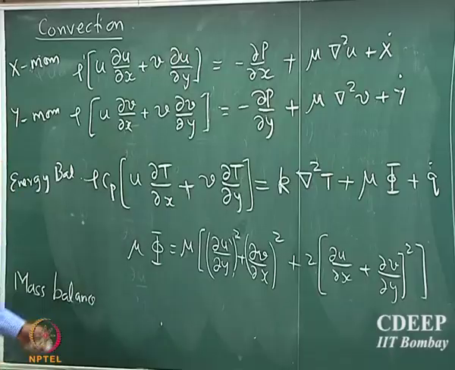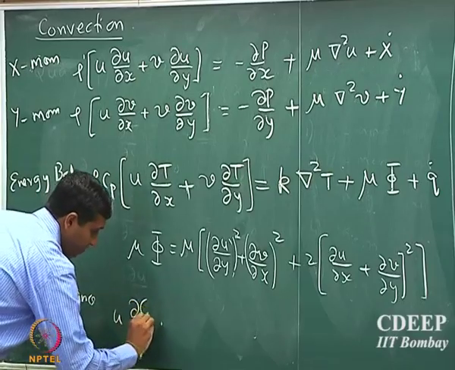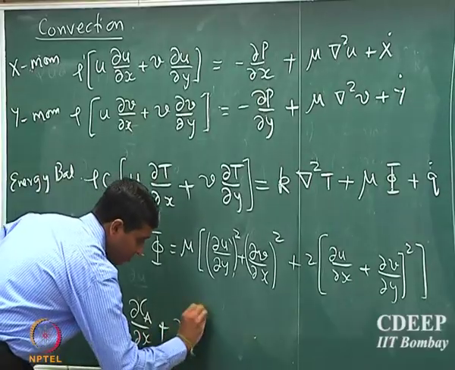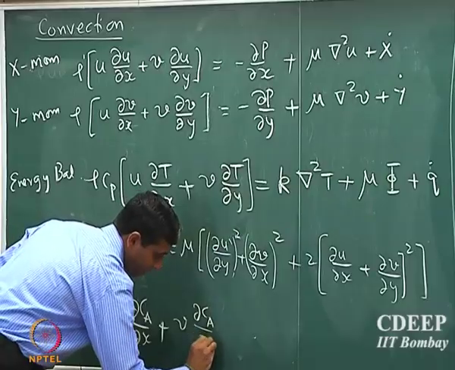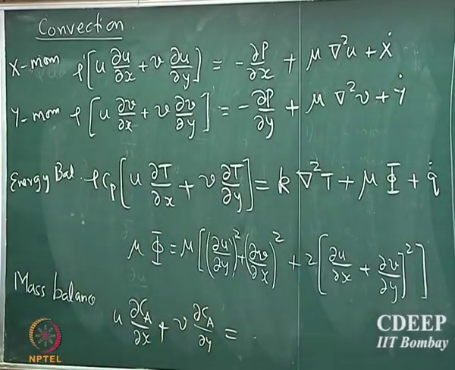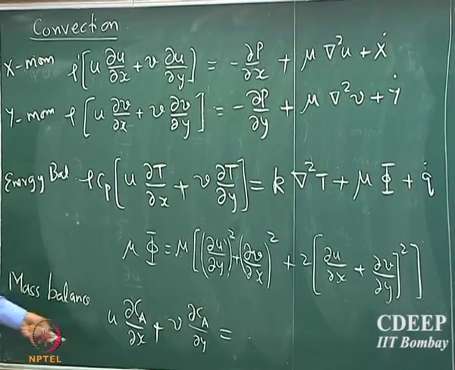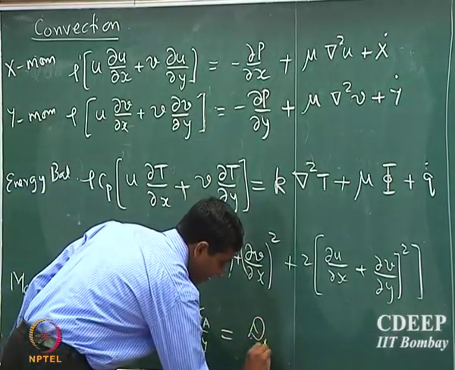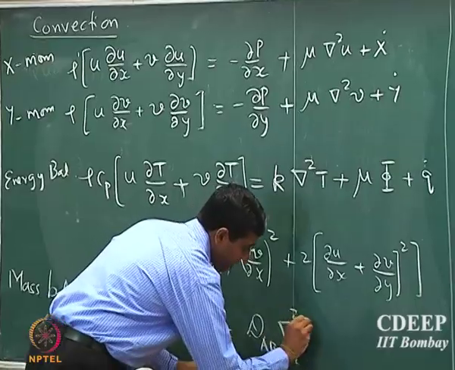Okay. So what's the equivalent convective term for mass balance? U into dCA by dx plus V into dCA by dy. Okay. So if A is the species and we are monitoring its concentration, that's the convective term, and that should be equal to the diffusivity multiplied by del square Ca.